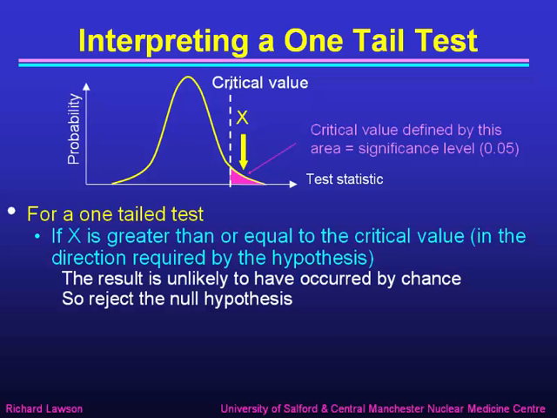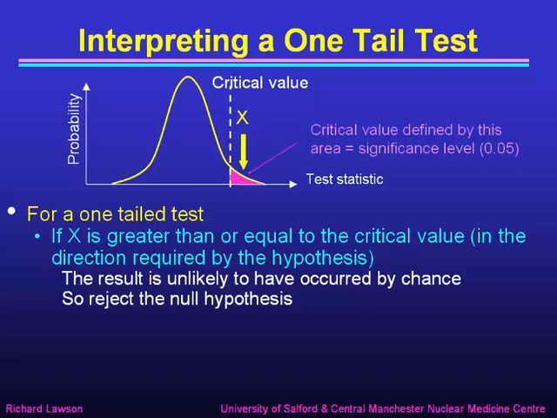If our value x is greater than or equal to the critical value, so it's to the right of the critical value in this distribution, or if our one-tailed test was postulating a smaller value, then it will be to the left of the critical value at the left-hand tail.